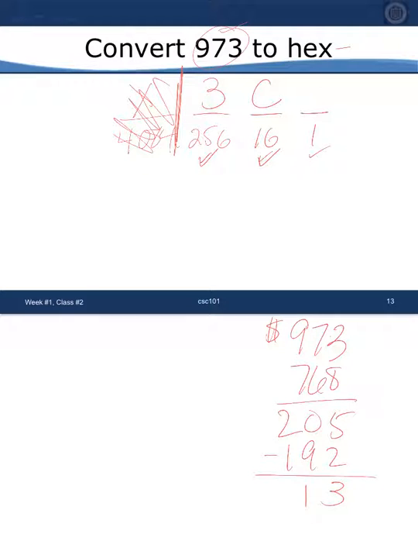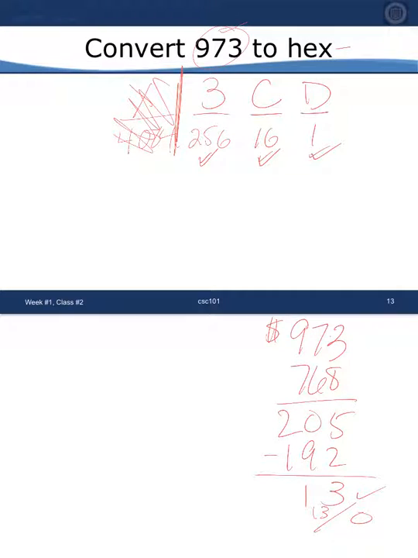So I come to my last product on the shelf that costs $1, and I say, well, I've got $13 left, so I can afford 13 of these. And 13, if you remember in hex, is D. Then if I spend my $13, of course, I'm broke.